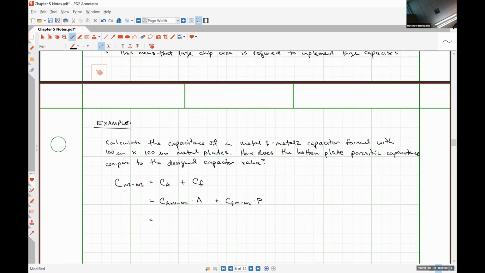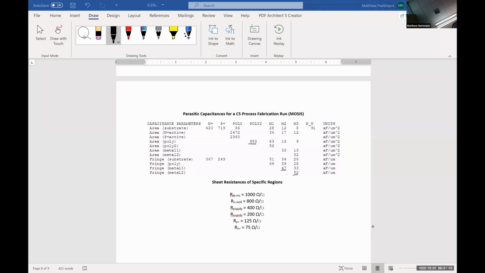So what values should I use in this first equation here, right? So I'm looking for the area coefficient between metal 1 and metal 2. So this 33. And then I'm looking for the fringe between metal 1 and metal 2, which is this guy right here, 47.